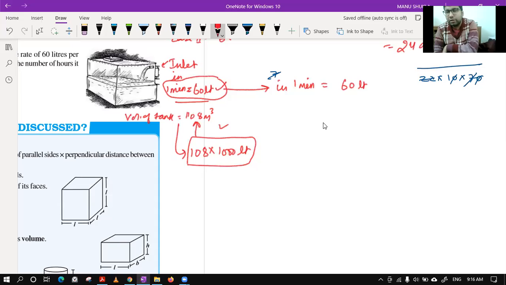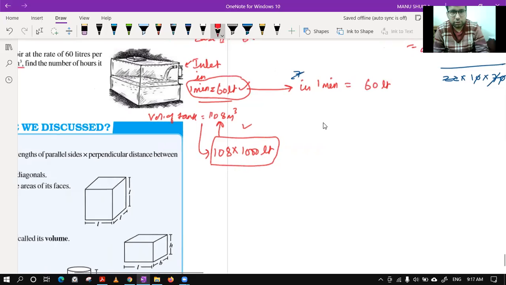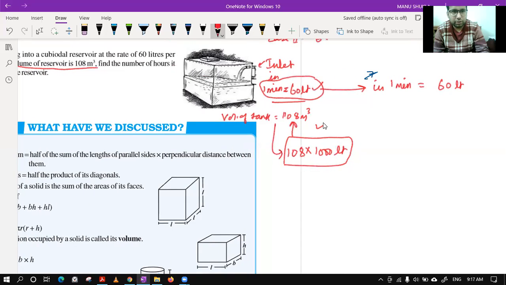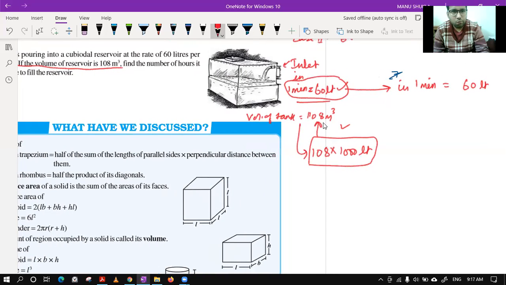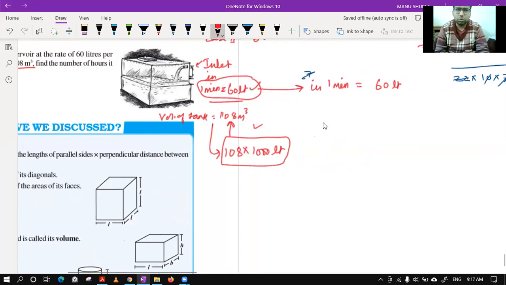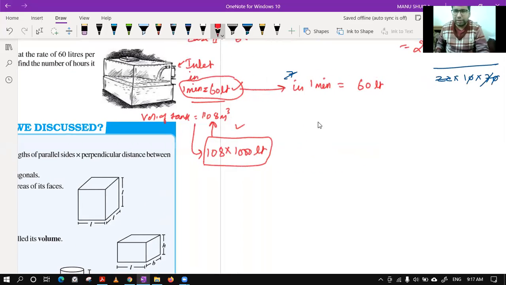If in 1 minute it is, yes, okay. Let me try to make it a little easy. Okay, let's find the answer in minutes only first, and then we'll convert in hours. That will be fine.